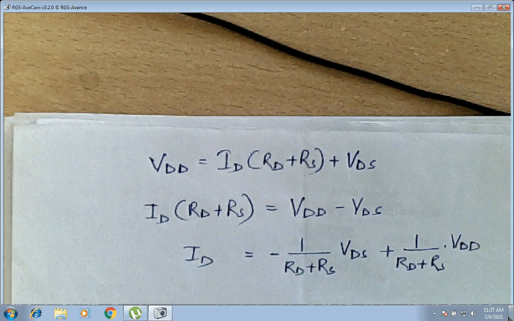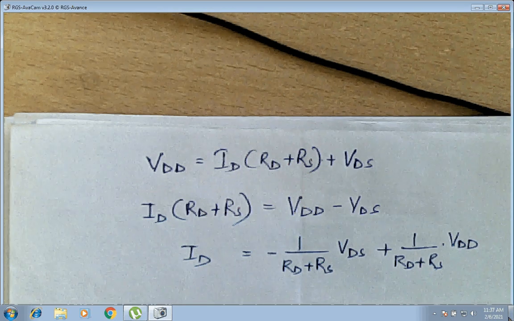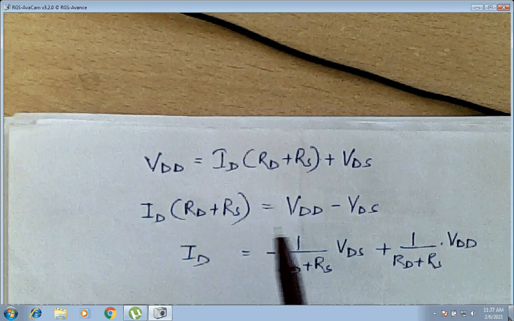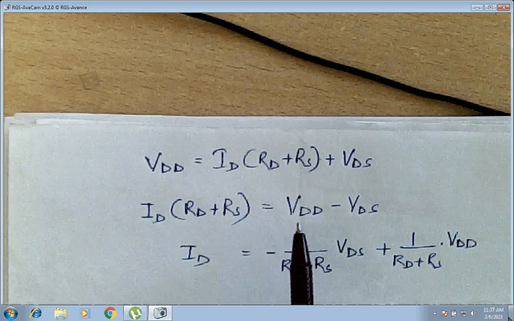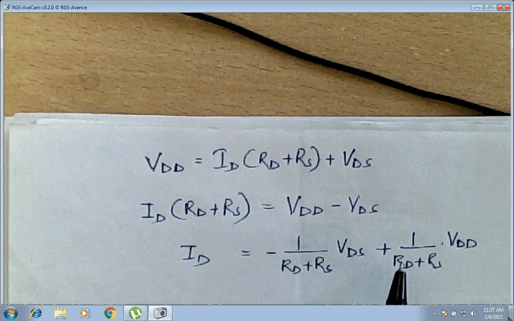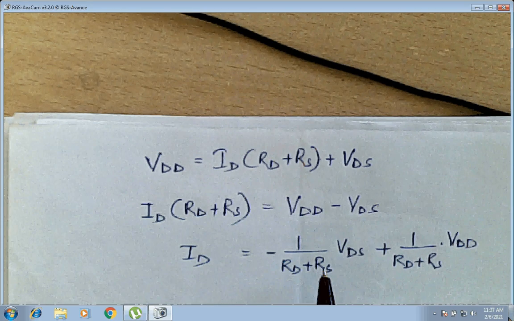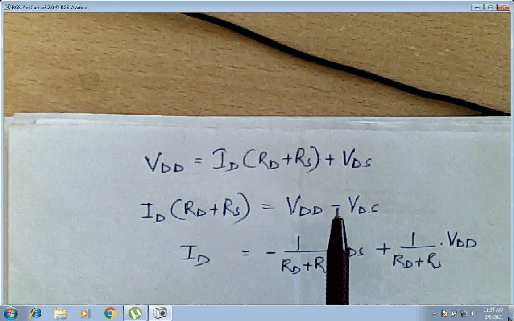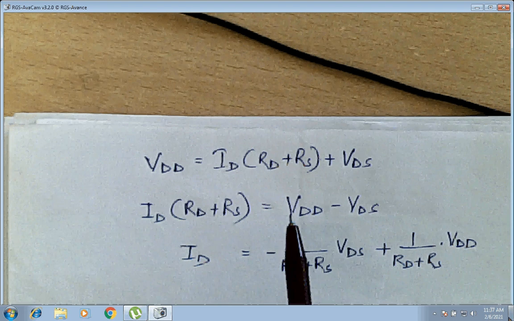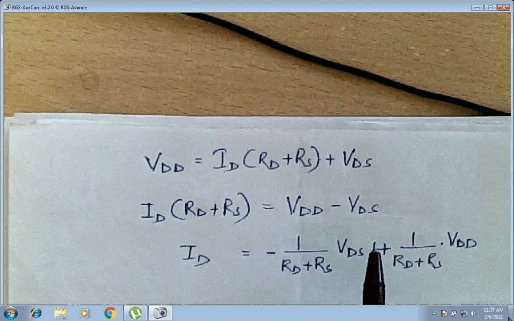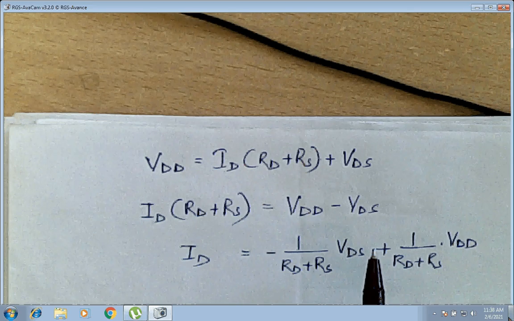Have you understood? Just I have divided by RD plus RS on both the sides. Dividing here I have got 1 upon RD plus RS, dividing here I have got 1 upon RD plus RS. Now the minus sign of minus VDS is still there, plus sign of VDD is still there. So this is the second equation.